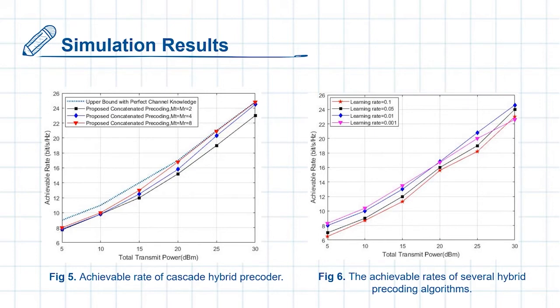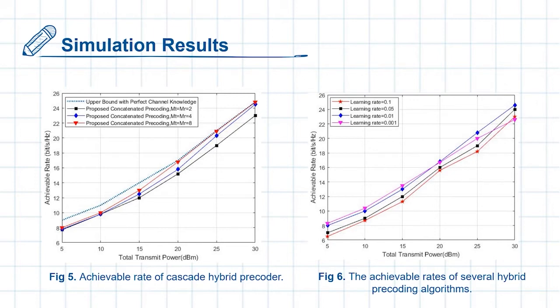It can be seen from the figure that the performance of the proposed cascaded precoder is close to the upper limit under a reasonable transmit power value. Additionally, compared with the traditional hybrid precoding method, the training overhead is significantly reduced.